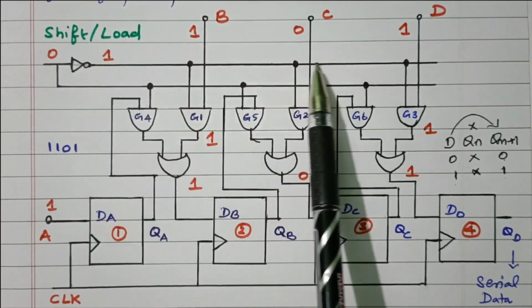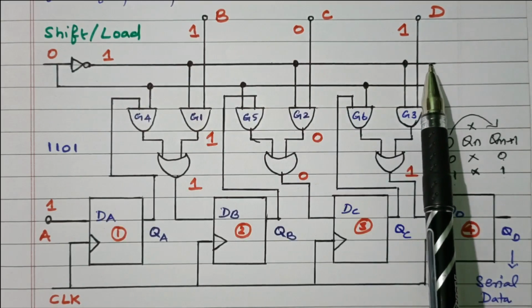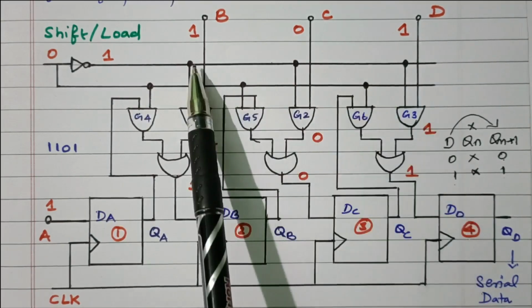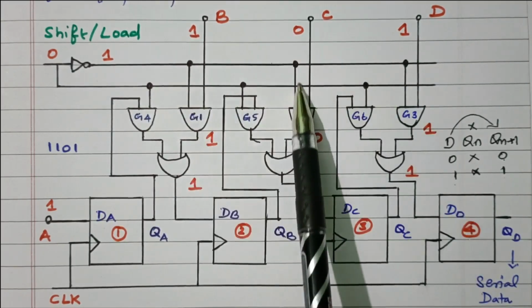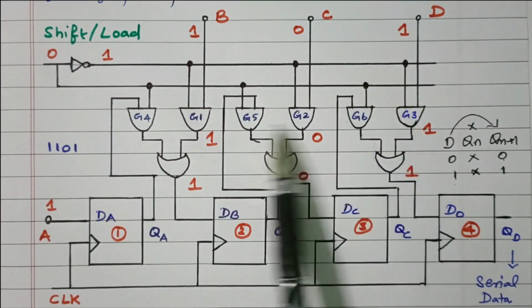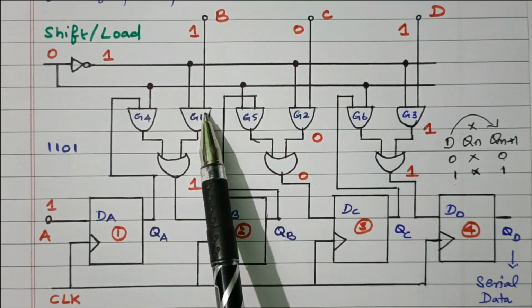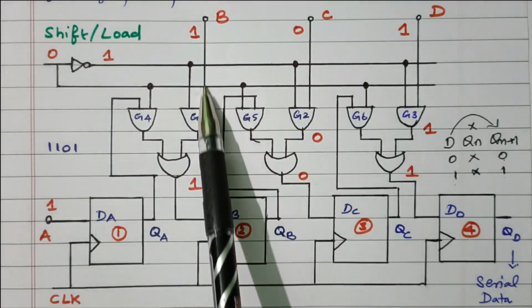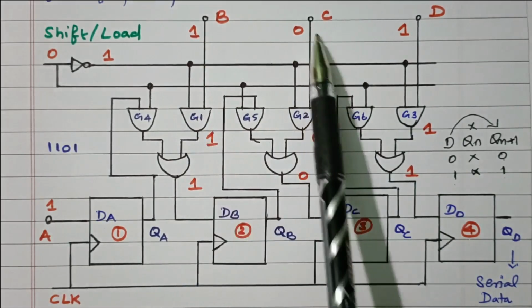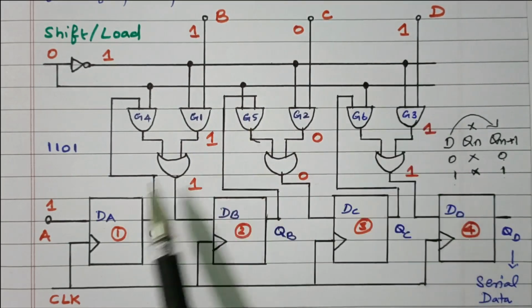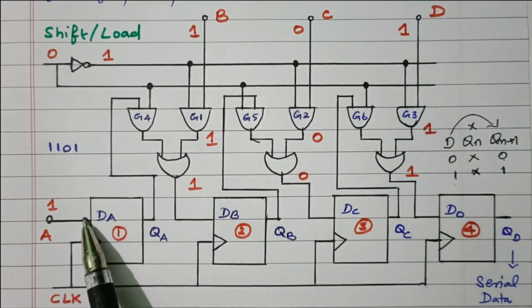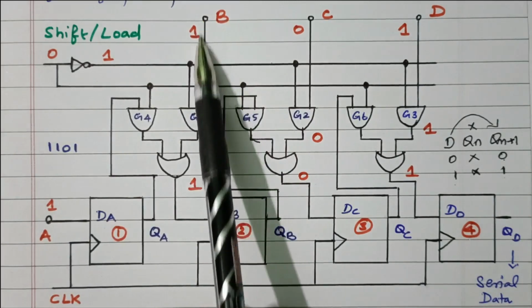Only this line has a logical high output, and that is connected to G1, G2, G3. So it will get the high output. One input is high. What is the other input? B, data C and data D. A is already given in DA. So it is nothing but a parallel loading.